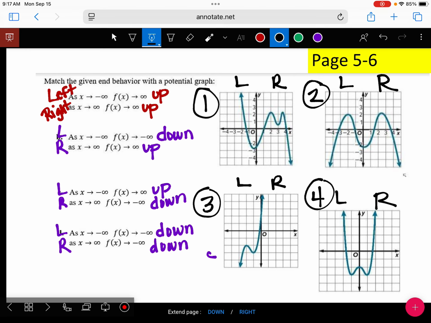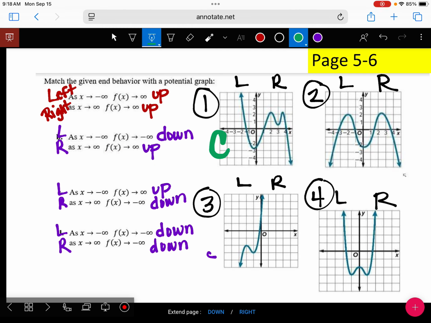All right, for number one, what answer did you pick? So which graph goes up? Which end behavior says up and down? So up and down would be what? A, B, C, or D? C. C is going up and down.